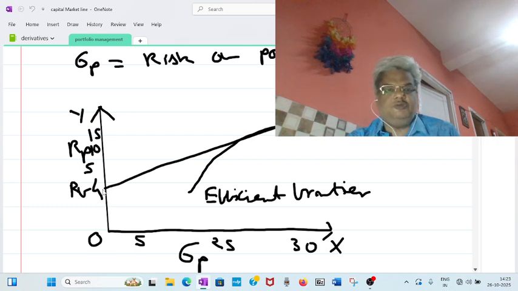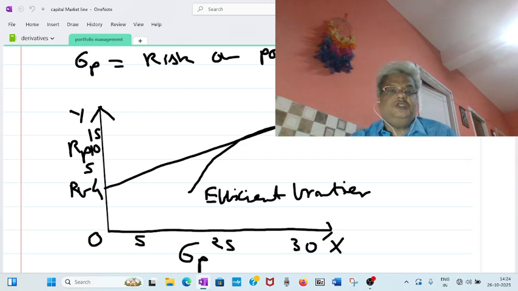For example, it can be 7%, 8%, 3%, anything. So from 4% we are drawing the line because here risk is 0, and as the market portfolio risk increases, the return also increases. Here the proposition is that the higher the risk, the higher the return.